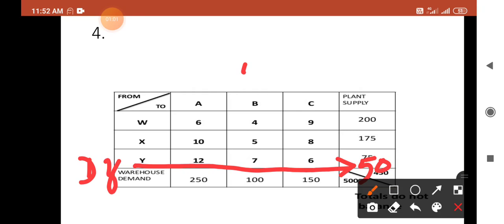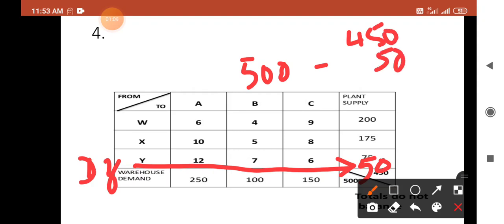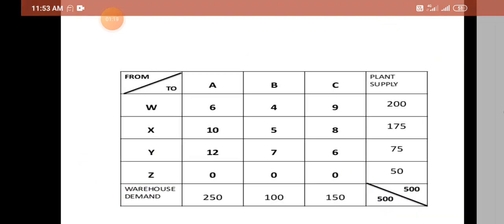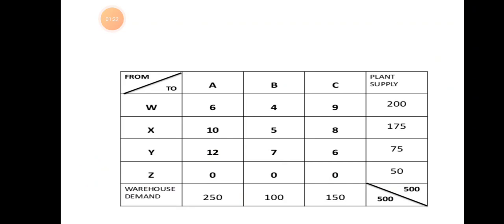So 500 is the total of the columns and the rows total is 450, and when we add 50 units, the total becomes balanced, that becomes 500 units. So we have to convert this into a balanced transportation problem. So here it is done.